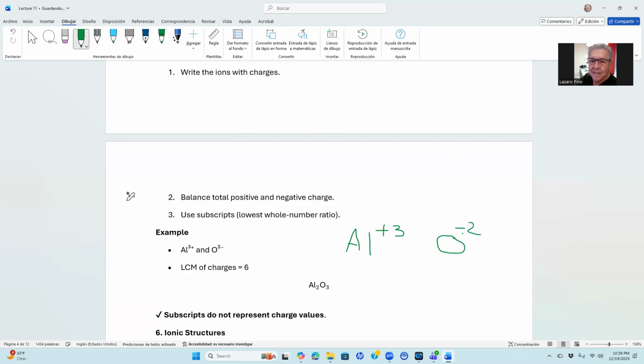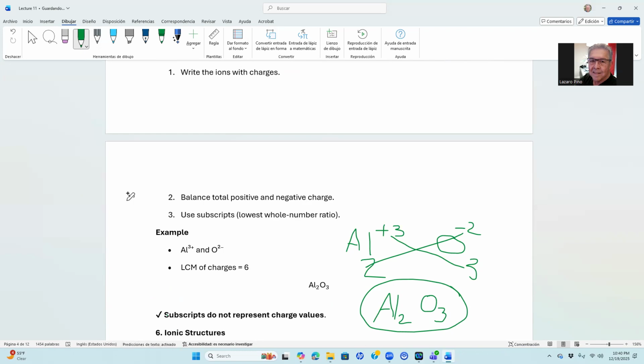What we do is we cross these charges, and then we put the 2 here and the 3 here, and we forget about the sign. Then the formula will be Al2O3. We need 2 aluminum atoms per 3 atoms of oxygen, and this is the formula of the compound in order to get stable compounds.